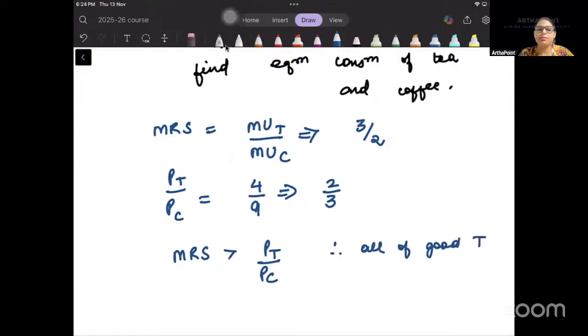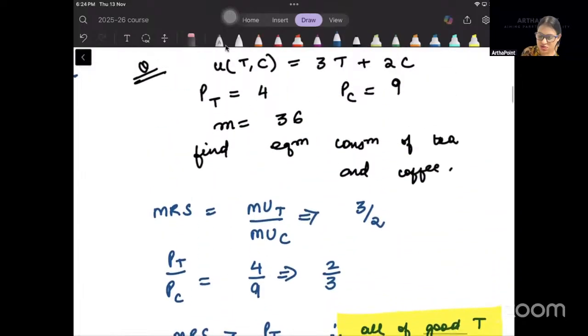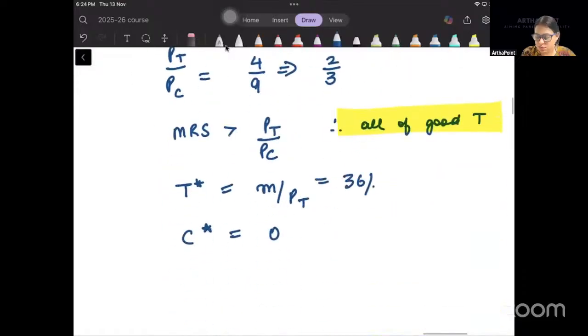You will go ahead and consume all of tea. So what will be the consumption of tea? Income divided by price of tea, and consumption of coffee will be 0. So my income is 36. Price of tea is 4. That will be 9. That will be your answer. Correct. All of you are right.